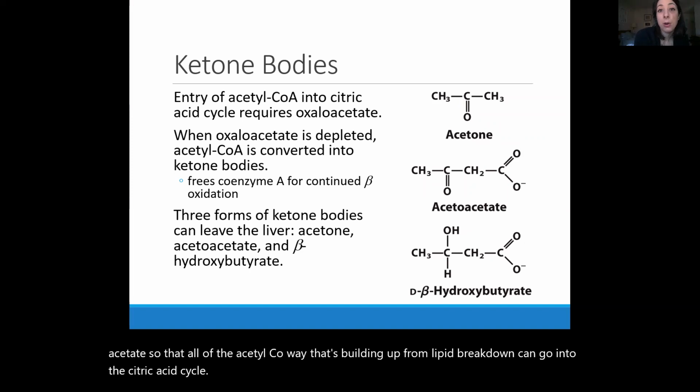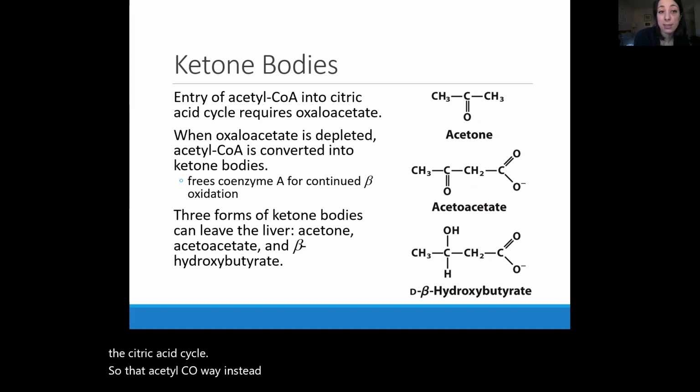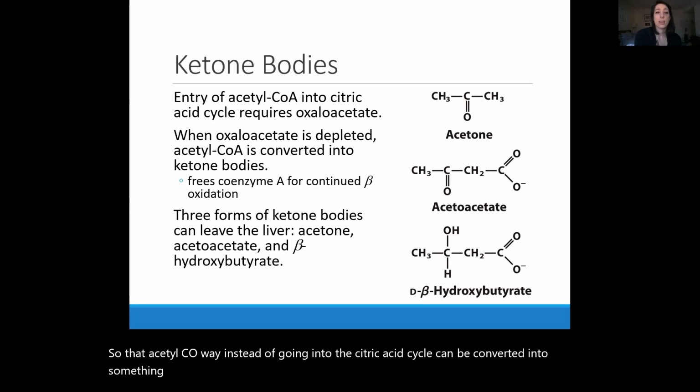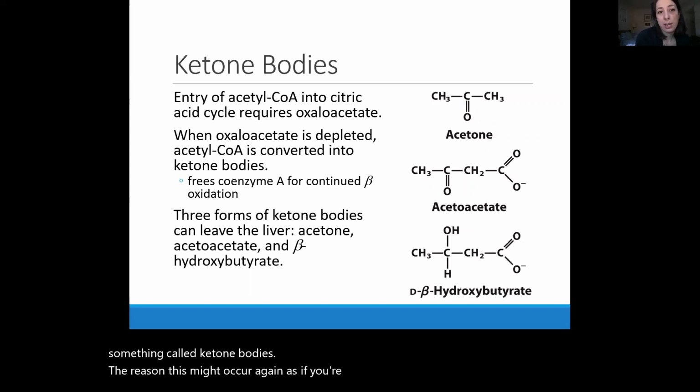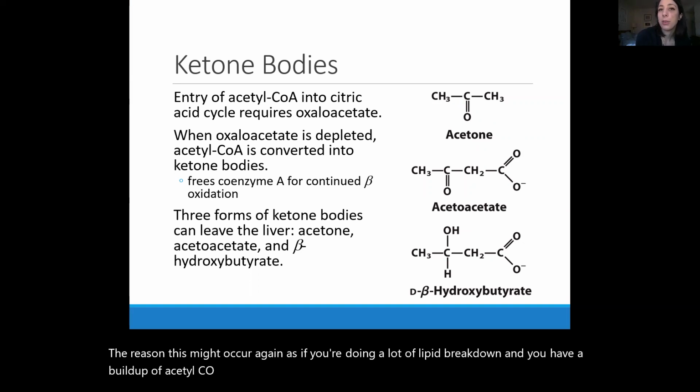So that acetyl-CoA, instead of going into the citric acid cycle, can be converted into something called ketone bodies. The reason this might occur again is if you're doing a lot of lipid breakdown, you have a buildup of acetyl-CoA, but you also are using your oxaloacetate for gluconeogenesis or for some other reason.